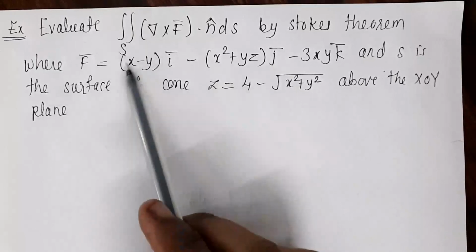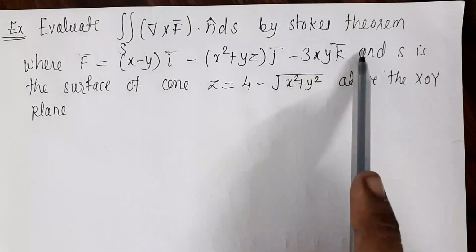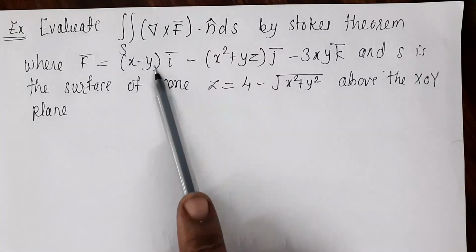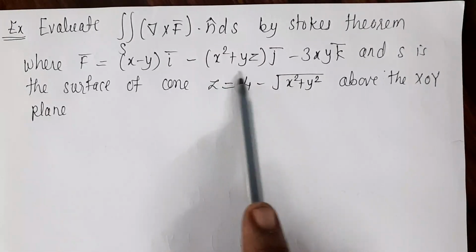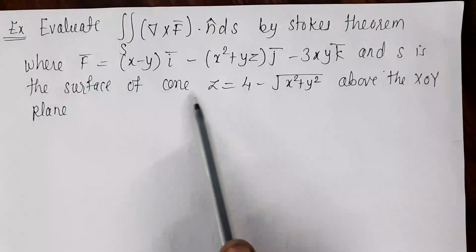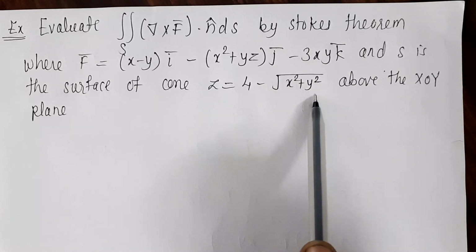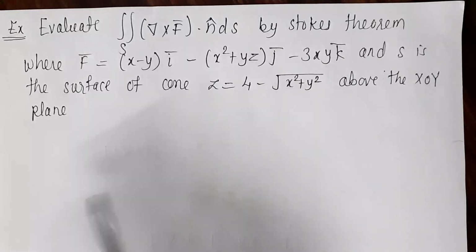Next example is evaluate the double integral over s del cross f dot n cap ds by Stokes theorem, where f is equal to x minus y i minus x square plus yz j minus 3xy k and s is the surface of the cone z is equal to 4 minus square root of x square plus y square above the xy plane.